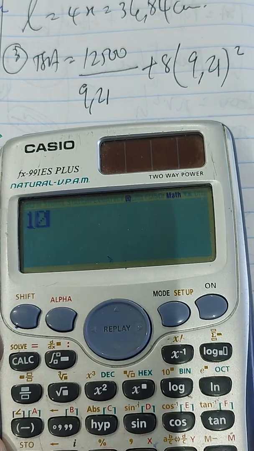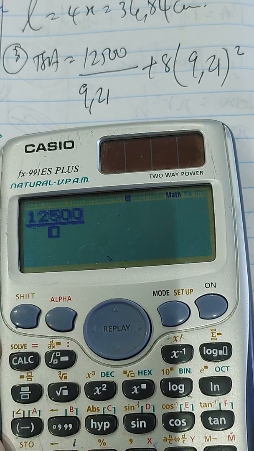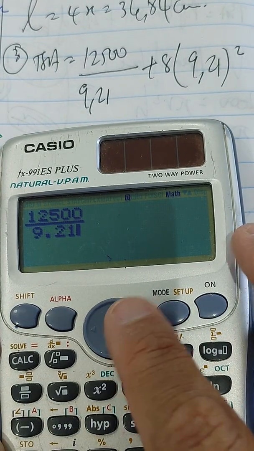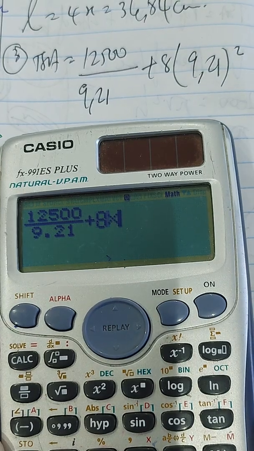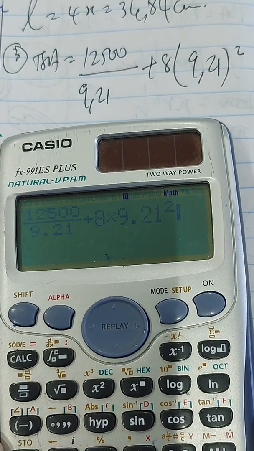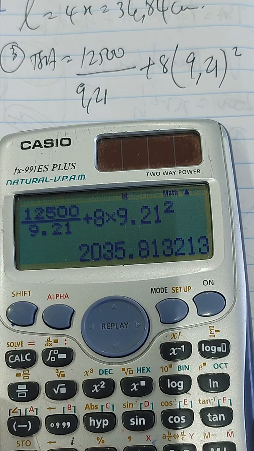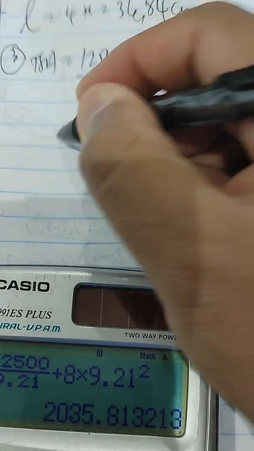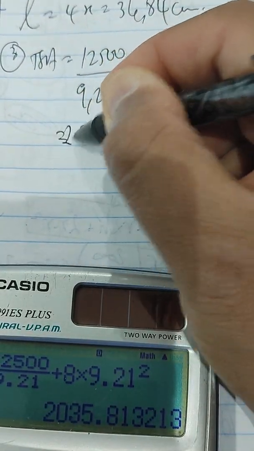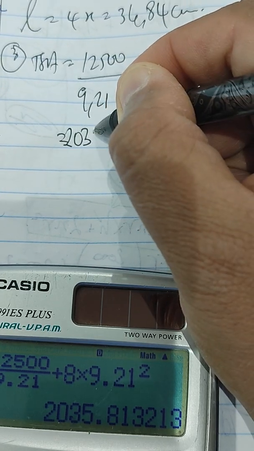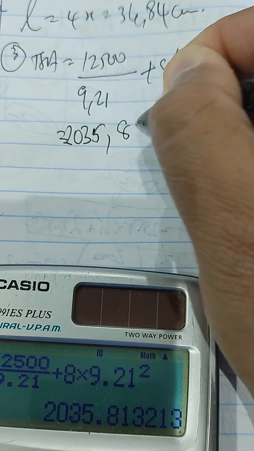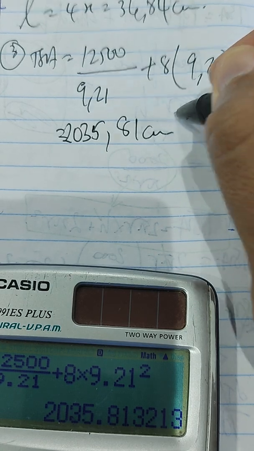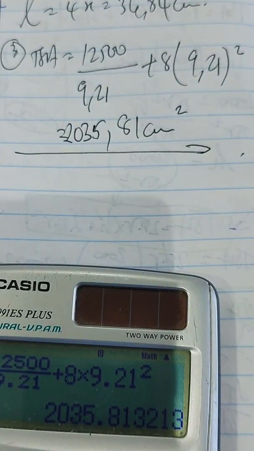So it's 12500 over 9.21 plus 8 times 9.21 squared, which gives you 2035.81 centimeters squared.